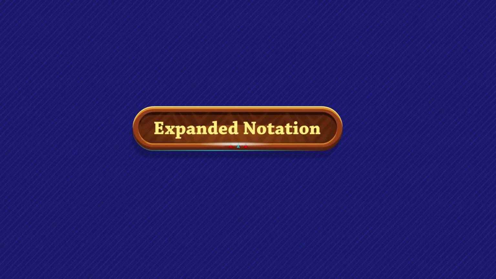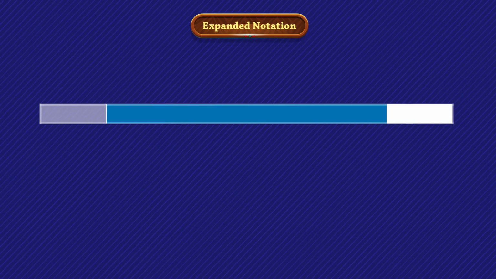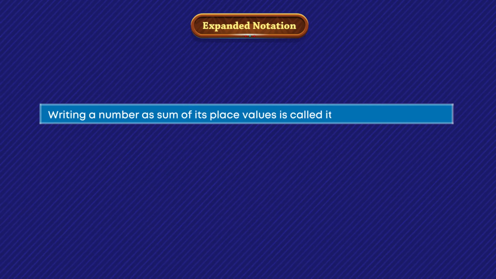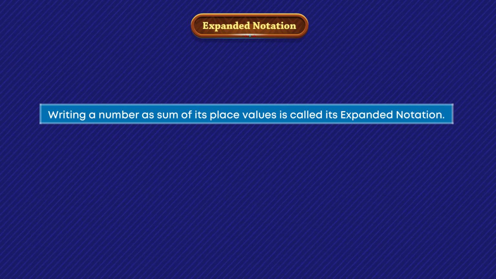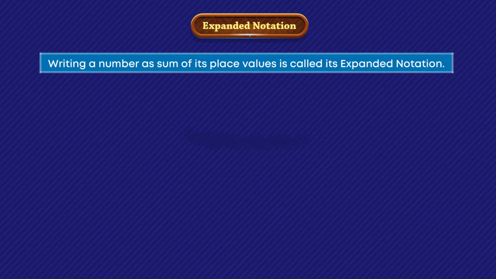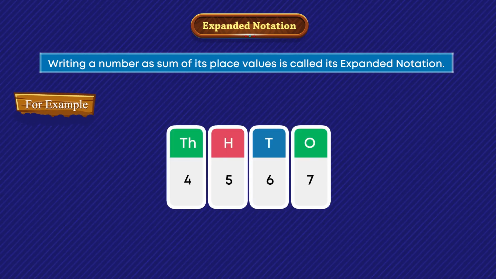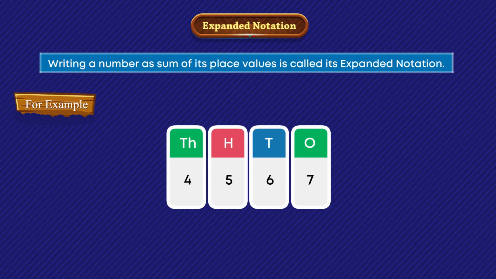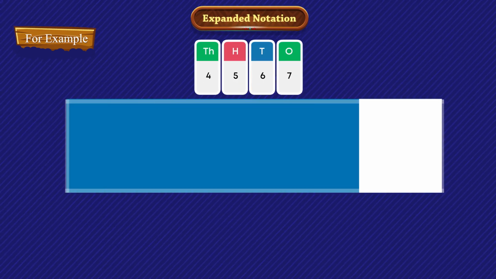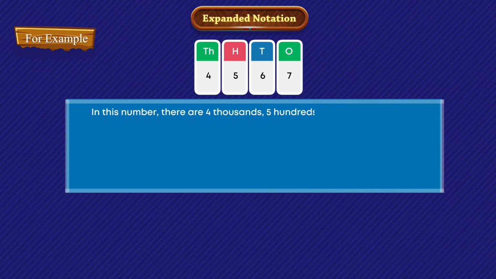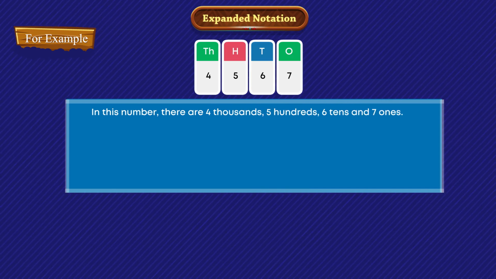Expanded notation. Writing a number as sum of its place values is called its expanded notation. For example, 4567. In this number, there are 4 thousands, 5 hundreds, 6 tens and 7 ones.